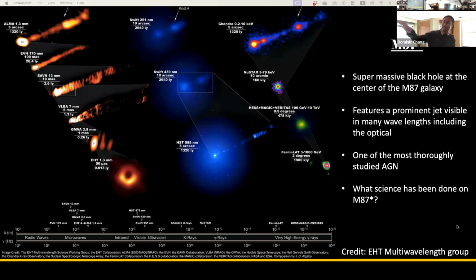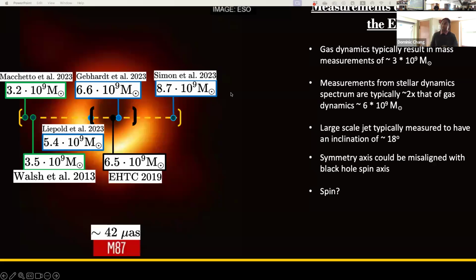So the question is, we're at this regime where we can see the near horizon physics of M87. What science can be done on this? First, let me talk about some of the previous science done on M87, particularly some of the previous measurements. Focusing here on the mass measurements, I've labeled various measurements that were done in the past and are available in the literature, and they typically fall within two categories of measurement.